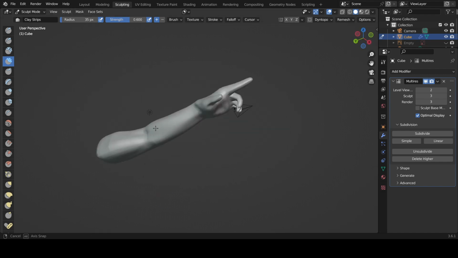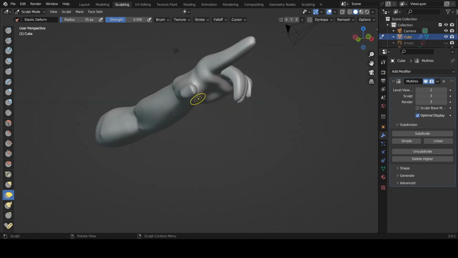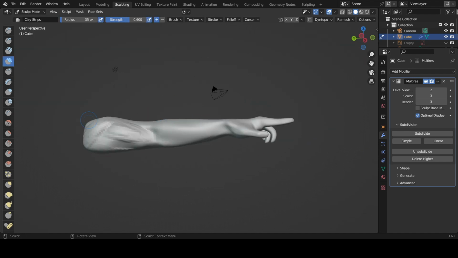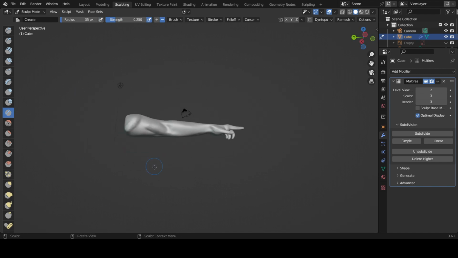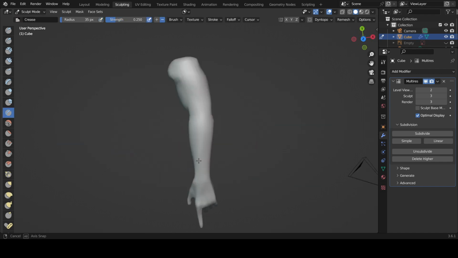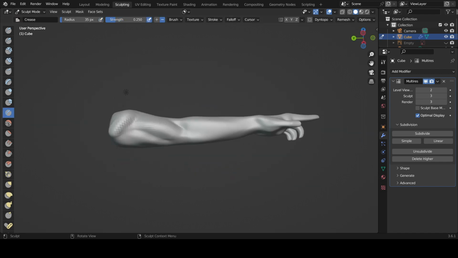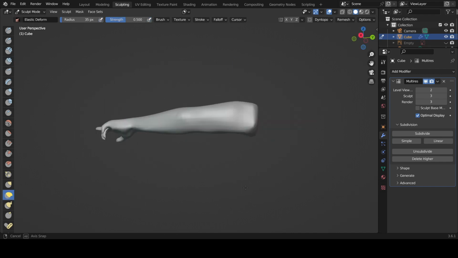So when picking your reference, you could even look at your own hand or a hand with skin on it, because when it comes to this part of the body, at least in the palm, musculature and bone structure doesn't describe the complete shape.